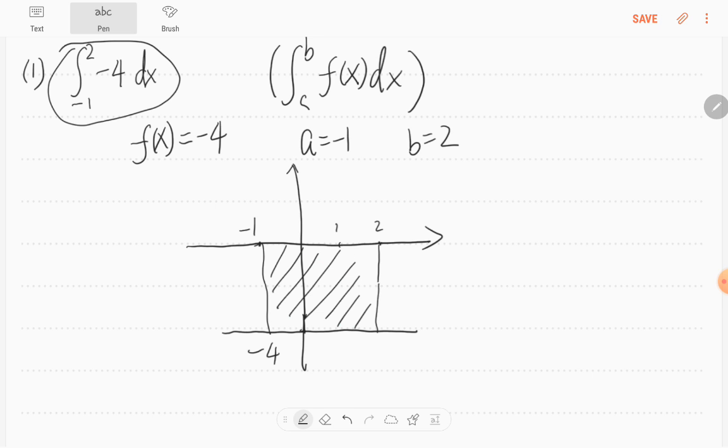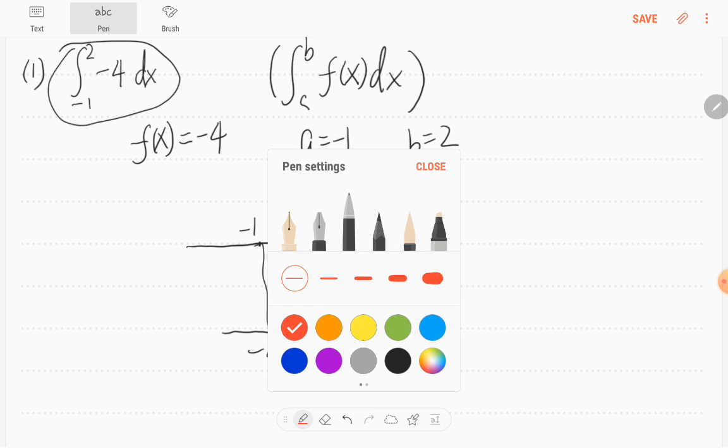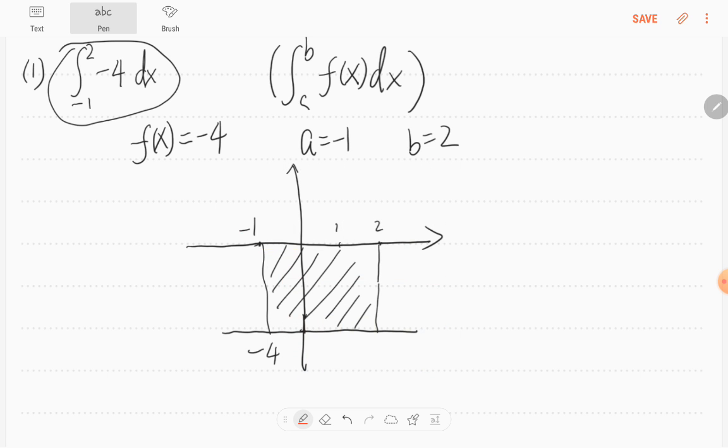Since this shaded region is below the x-axis, it should be negative area, right? But let's compute the area for this shaded region first. This shaded region is a rectangle, right? So here the height is 4, right? The base is from -1 to 2.